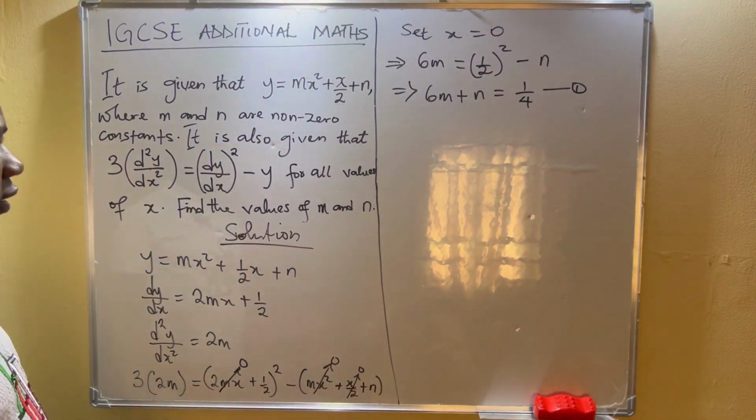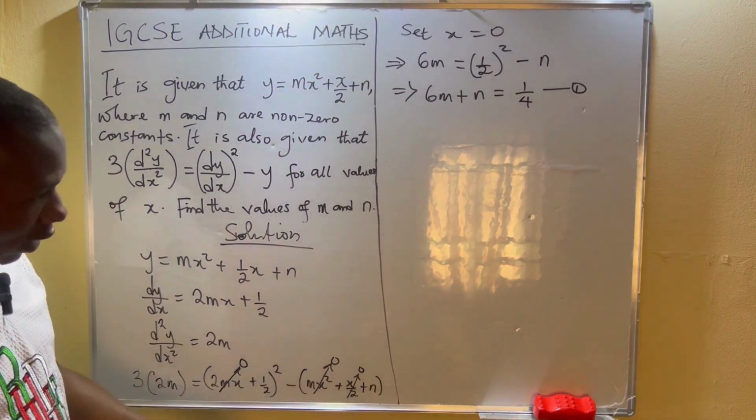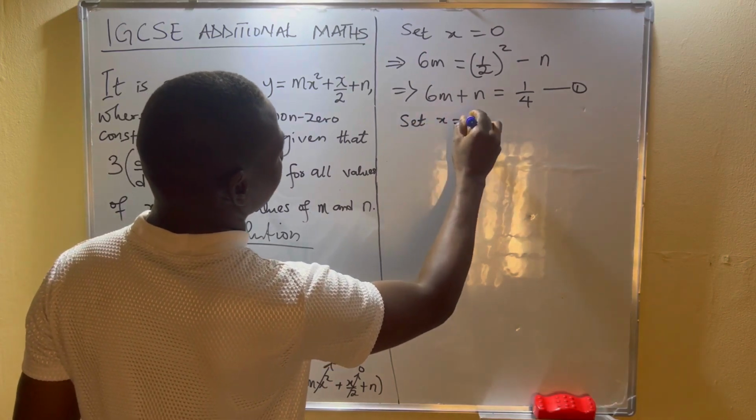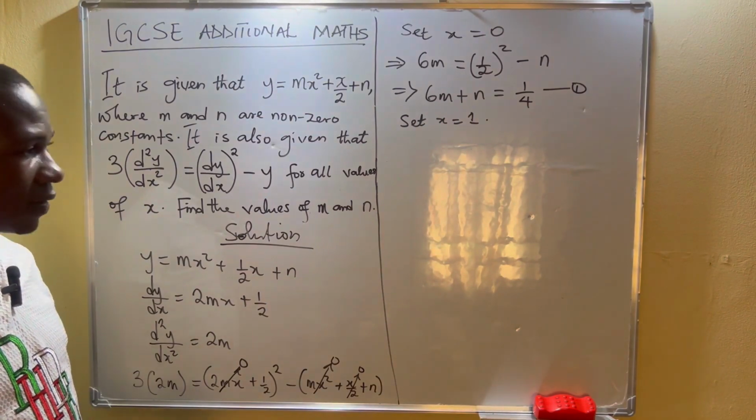Then similarly, I'm free to set another value for x. So set x to be equal to 1. You are free to use any value of your choice to test.